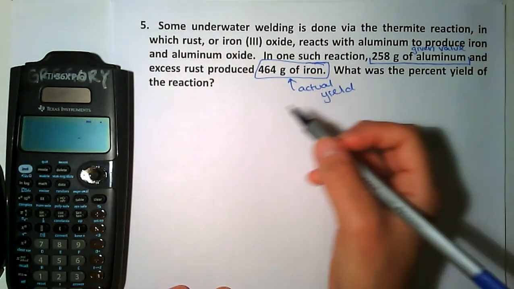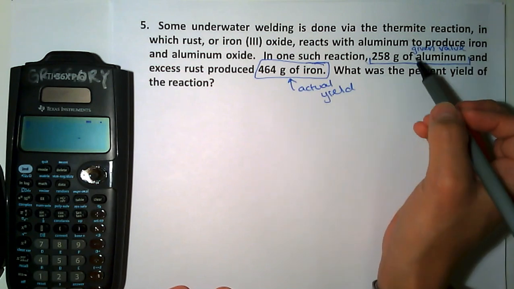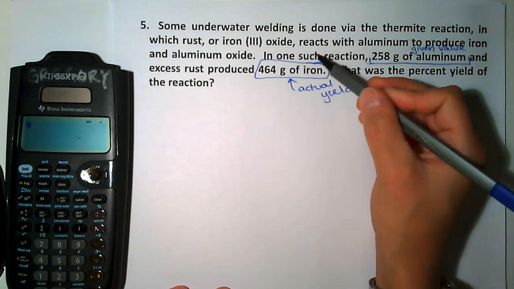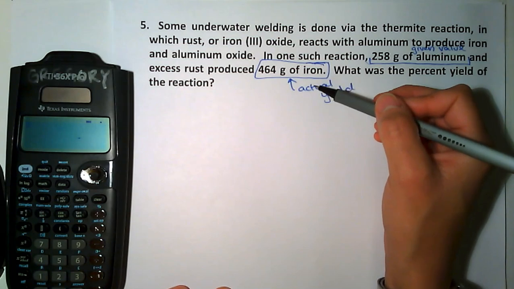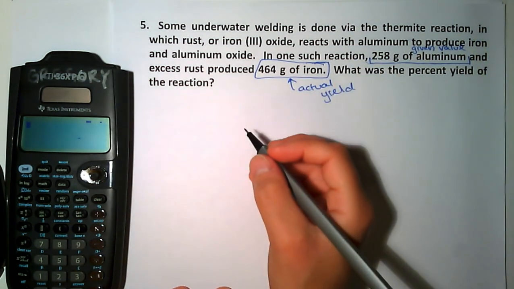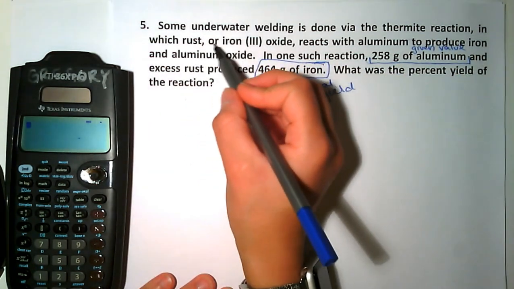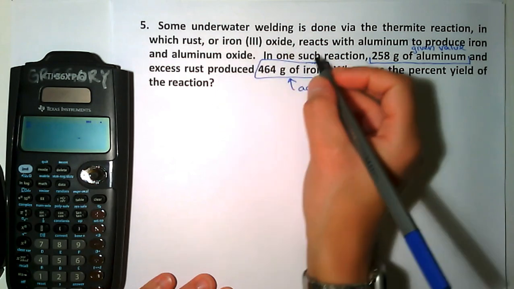So we need to write a chemical equation so we can do some stoichiometry with this given value, figure out how much iron should have been produced theoretically, and then take our actual yield and divide it by our theoretical yield. So we need a chemical equation. Rust, or iron 3 oxide, reacts with aluminum.